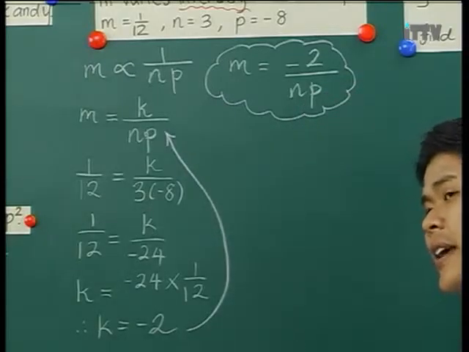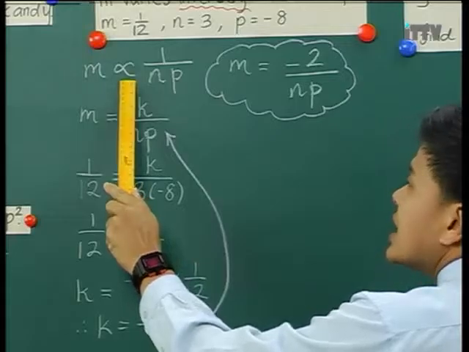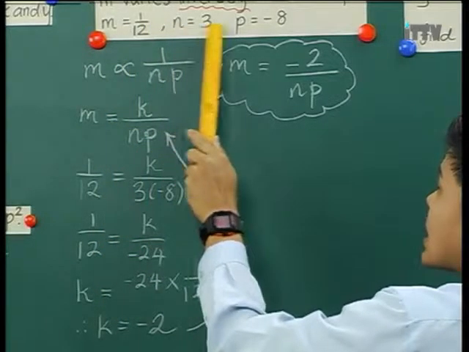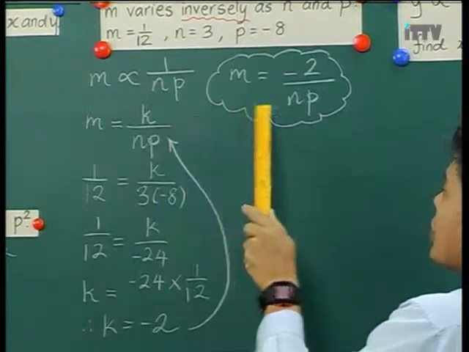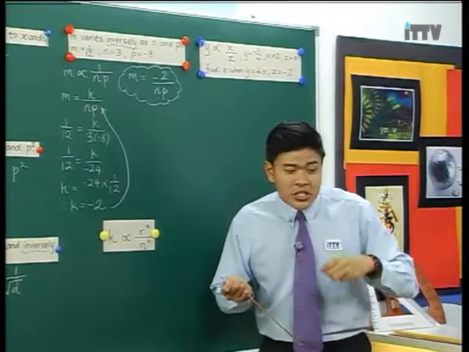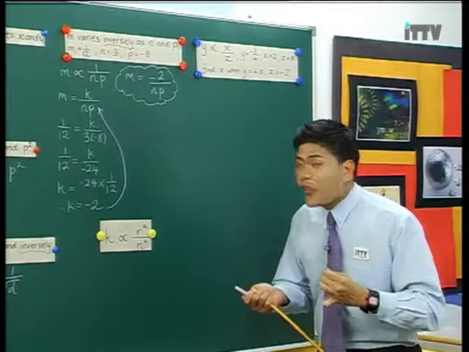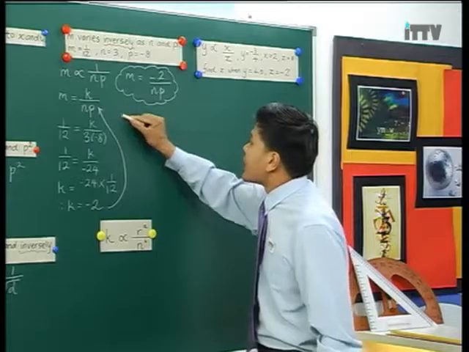Alright, so same thing like the previous variations. Firstly, write down the relation, change it to equation with a k in it, sub the given set of values to find k, insert it back in the equation so your equation becomes complete. Okay, now we can go on with the question, which is finding m when n is -5 and when p is 4. Okay, so when we actually sub the values in, we can find m.